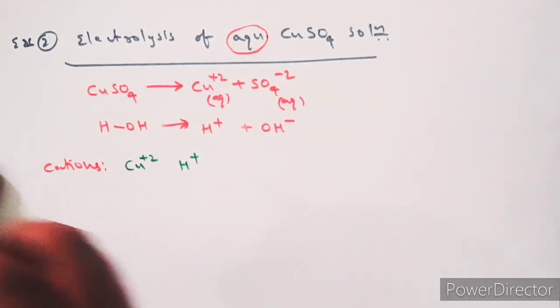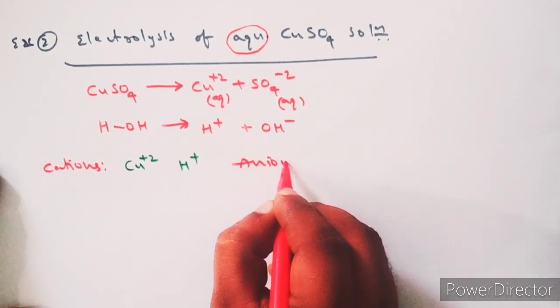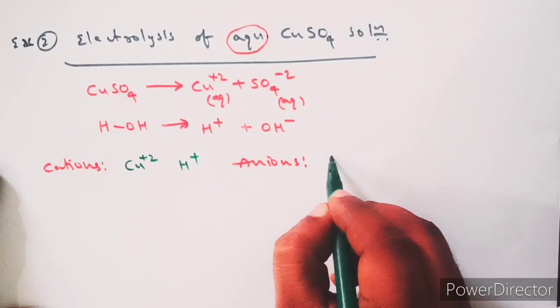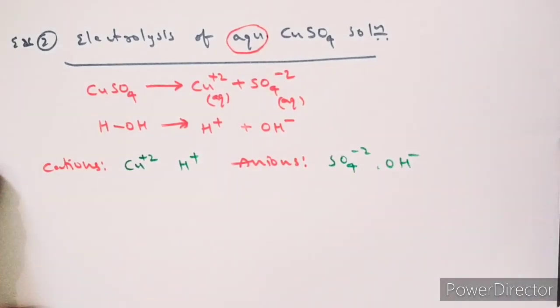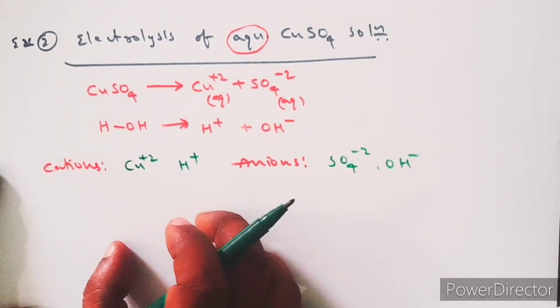And what anions are present here? The anions are the sulfate ion and hydroxide ion. Now let us see the preferential discharge order.